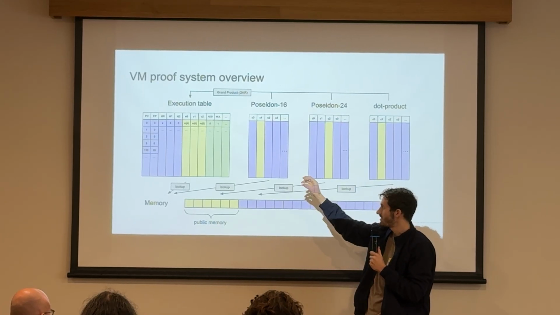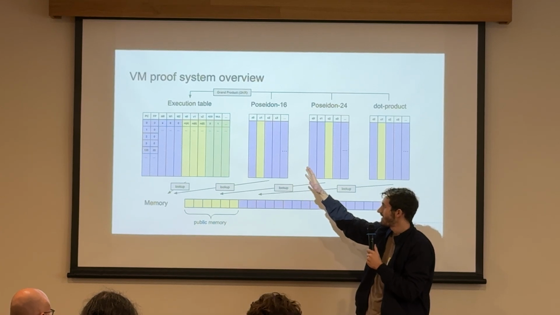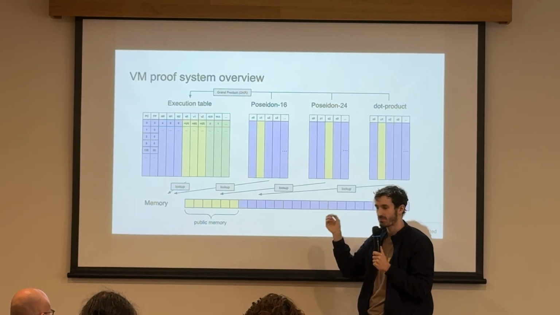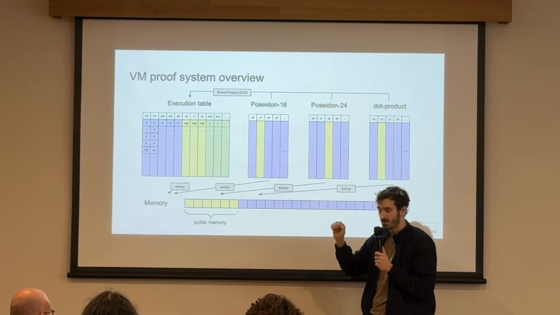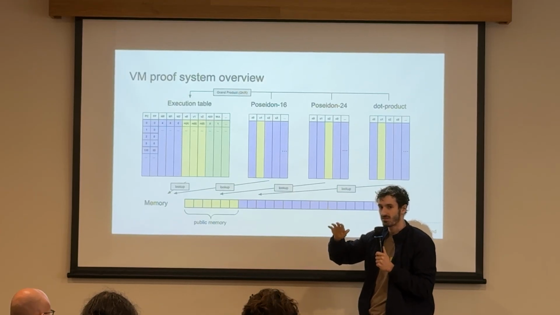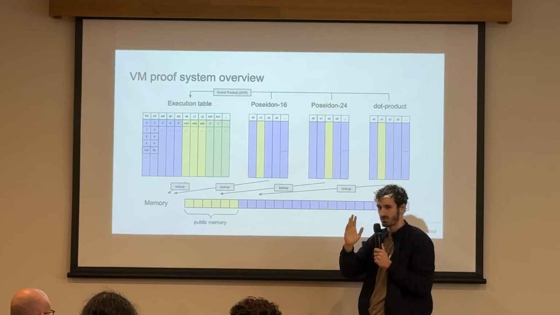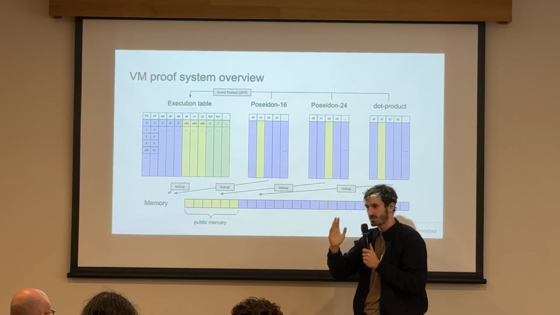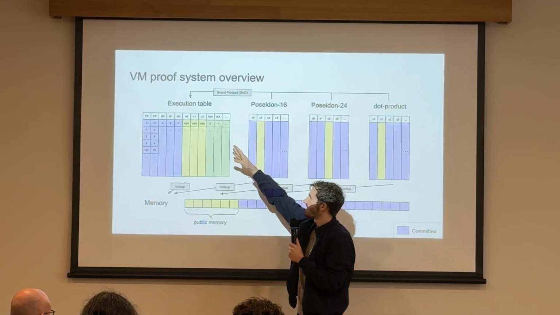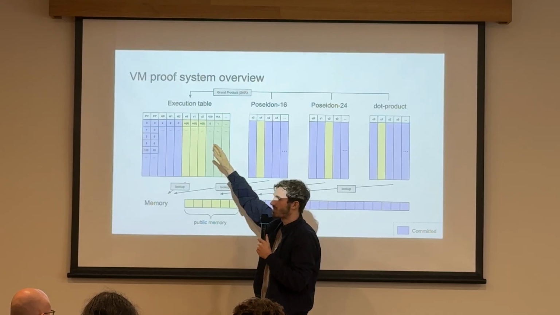Because in this ZK virtual machine, each instruction, it's the same in Cairo, is encoded, you can think, between 15 to 20 flags and operands. Each instruction is encoded, for instance, there is a flag: is this instruction an add?